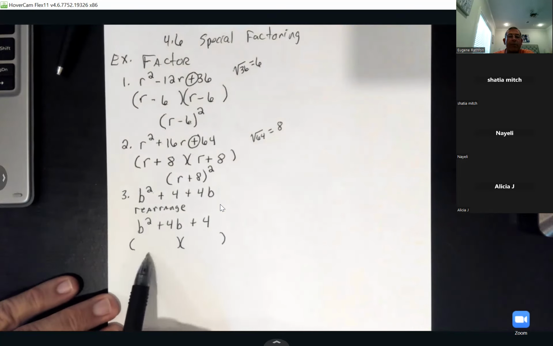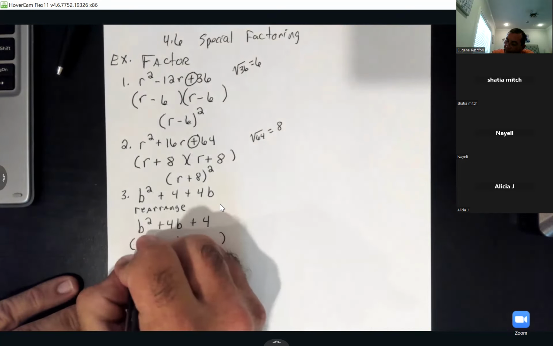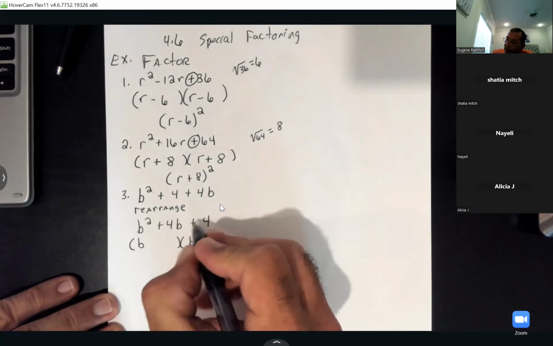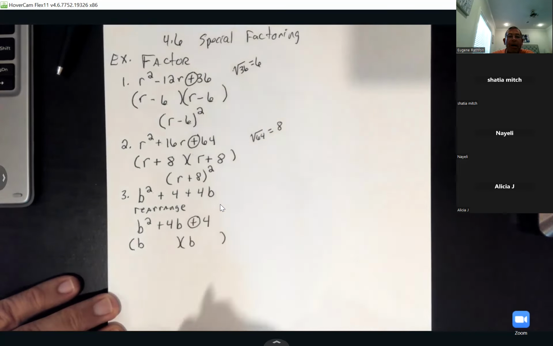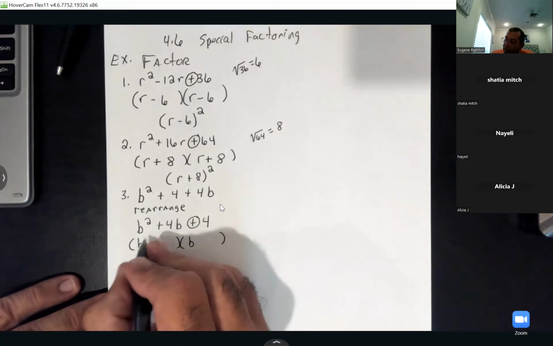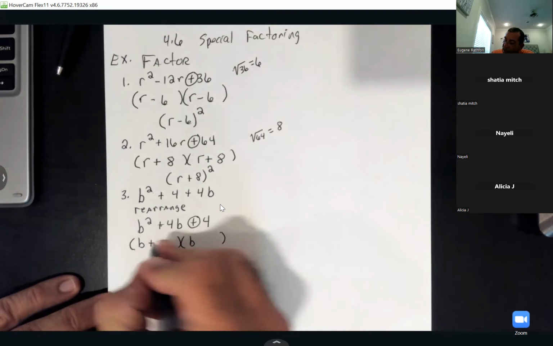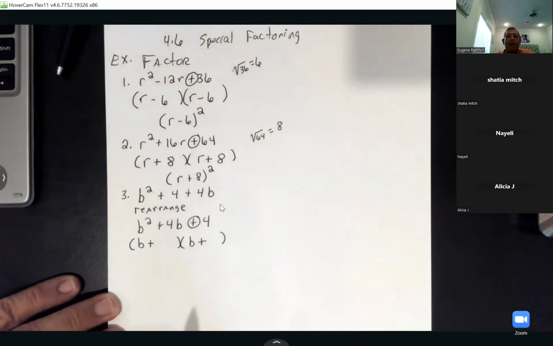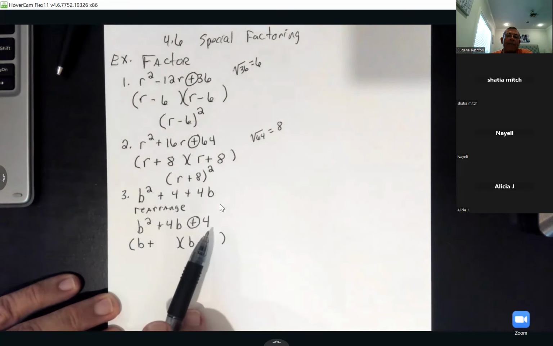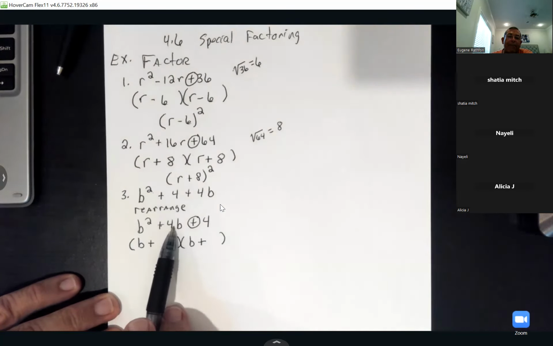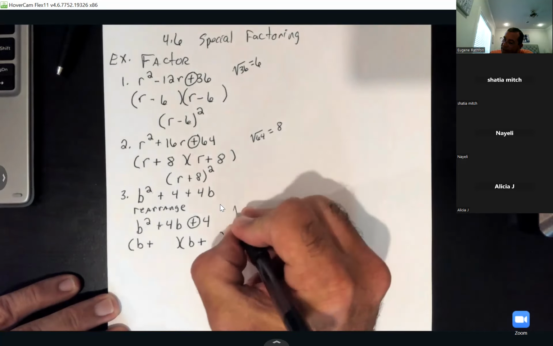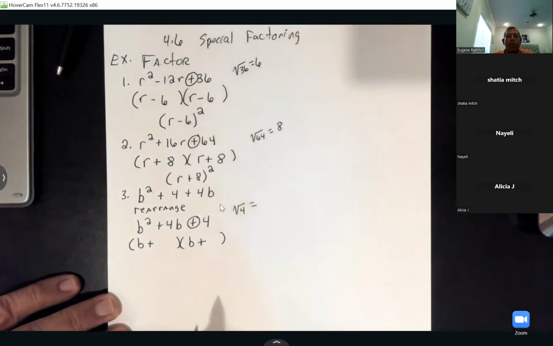So the b squared is a b and a b. Notice my last sign is positive, so both of these will be positive like the middle. And I need factors of 4 that'll add to 4. So y'all, once again, I just need to figure out what the square root of 4 is.